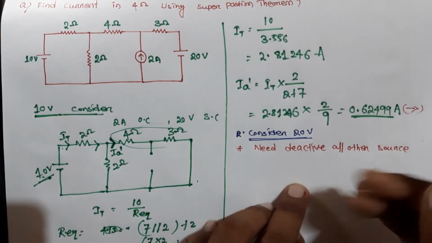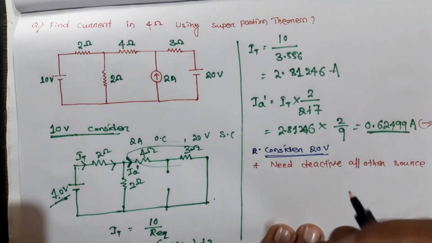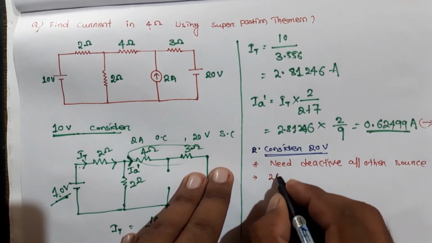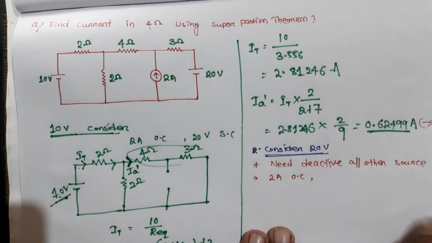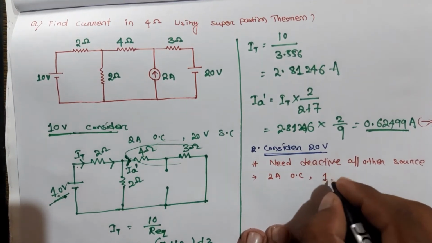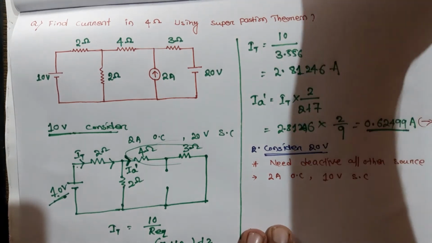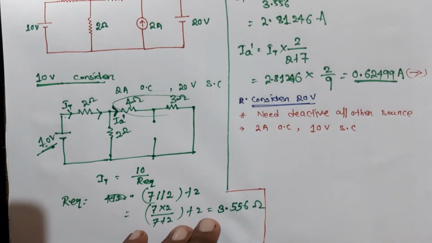All other sources means this 2 ampere and 10 volt. Here the 2 ampere is open circuited and the 10 volt is short circuited for deactivation.